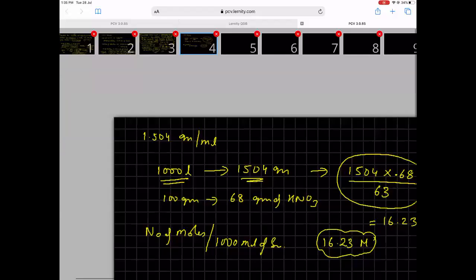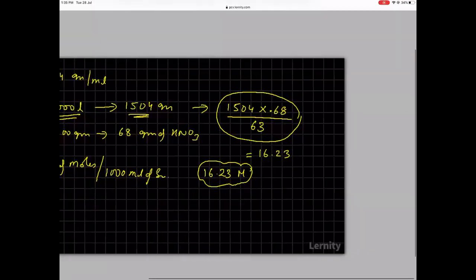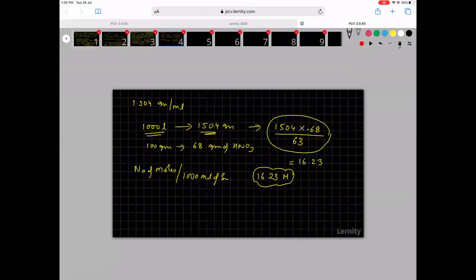So it is 1.504 grams per milliliter. If it is 1.504 grams per milliliter, 1000 milliliters will have 1504 grams. Now 100 grams of solution has 68 grams of HNO3. So 1 gram of solution will have 0.68.